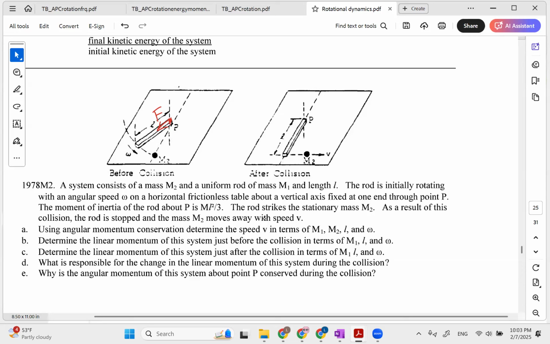So right now, you can use angular momentum conservation. So L initial equals L final, right? So how do you find the initial angular momentum?